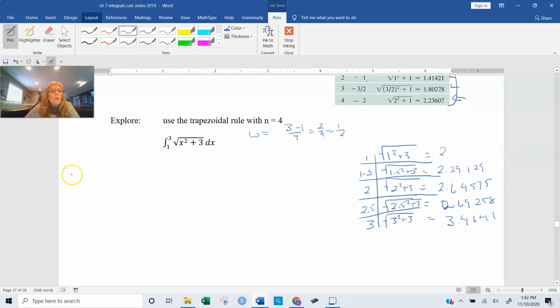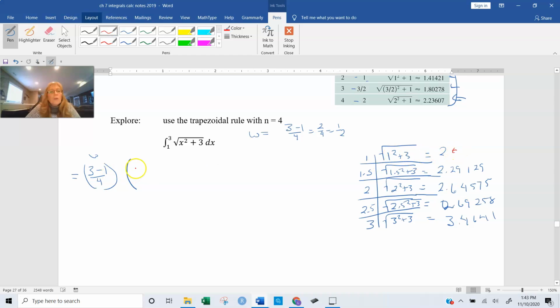Our trapezoidal rule is you take our width, which is the 3 minus 1 over 4, or in other words, 1/2. So this is the width times all of my stuff. So first one is, change colors here so you know we're on this guy.